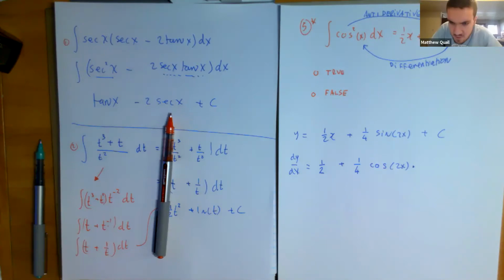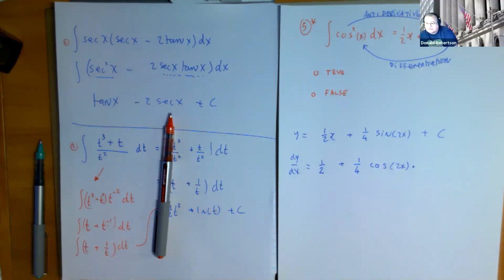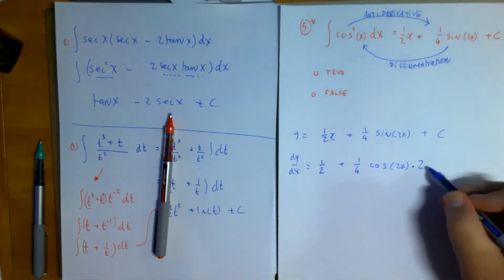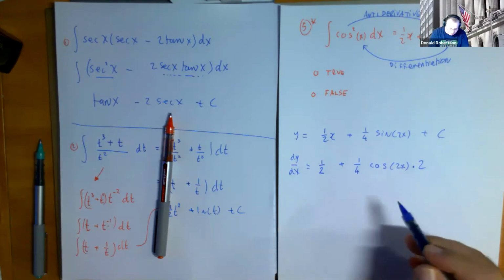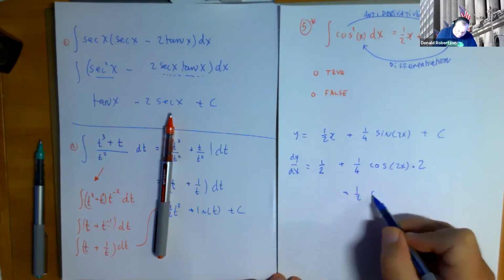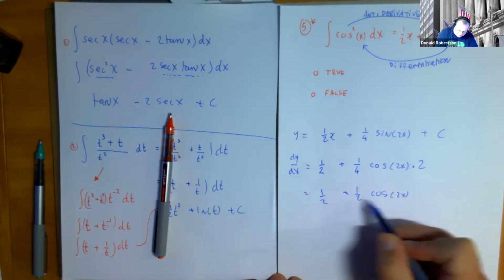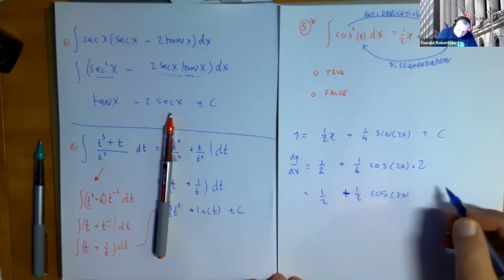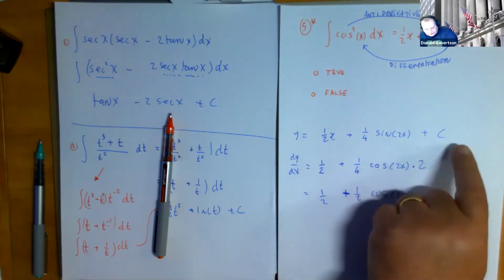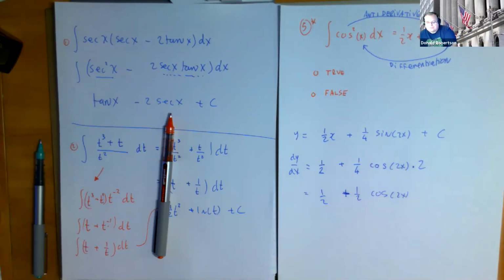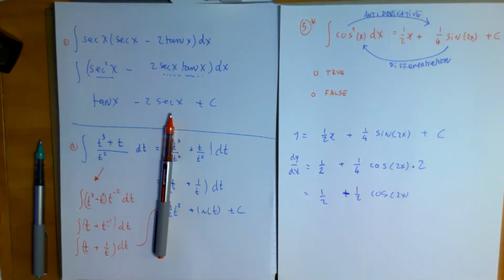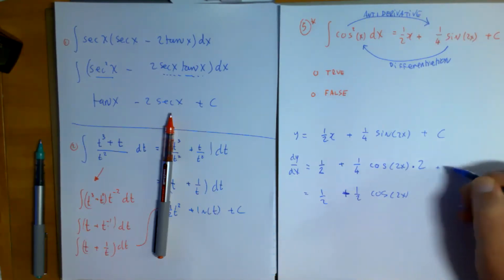You have to use the chain rule. Correct. And what is the derivative of 2x? Because that's what the chain rule asks you to do. 2. Right. And won't that quarter times 2 get you a half? What's the derivative of plus c? Zero. Goes away. Just goes away.